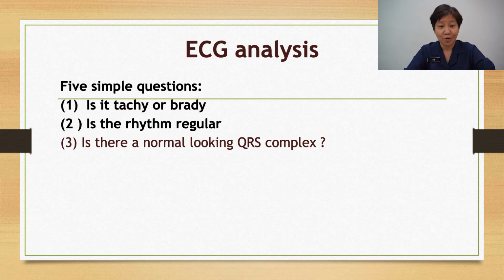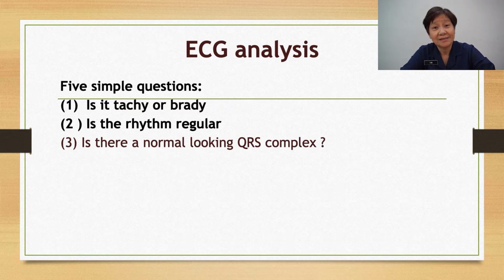Okay, next, you must look at the rhythm, whether it's regular or irregular. Okay, because from here you can recognize whether there's some PAC, PVC, or whether it's an atrial fibrillation. Okay. After this, the third one is you must look at the QRS, whether it's normal or not. Normal QRS complex should be less than 3 small square.